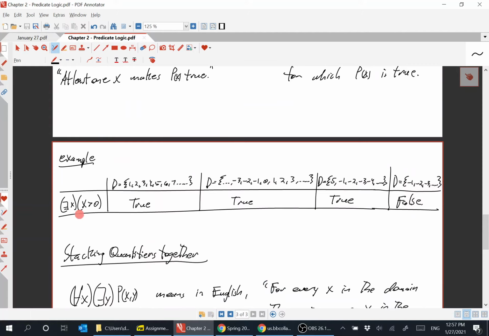So again, there exists x such that x is bigger than 0. For this domain, 1, 2, 3, 4, 5, 6, 7, there's at least one x such that x is bigger than 0. That's true. What is also true is that for all x, x is bigger than 0. It doesn't make this one false. It just means it's not the whole story.